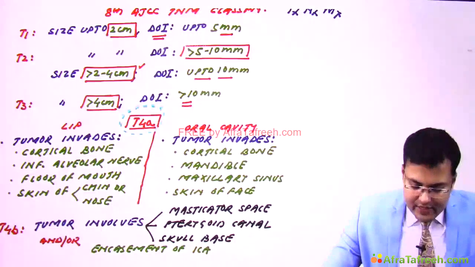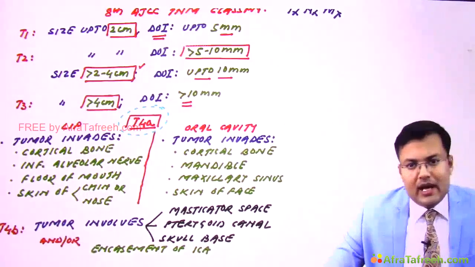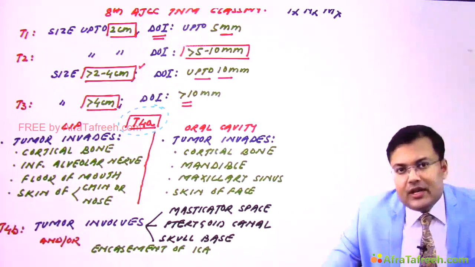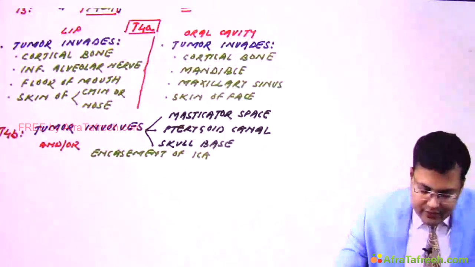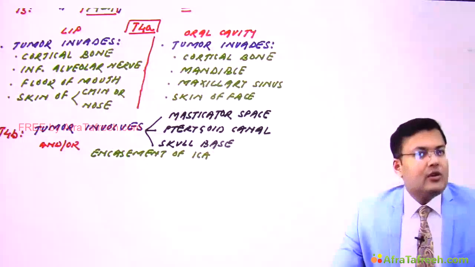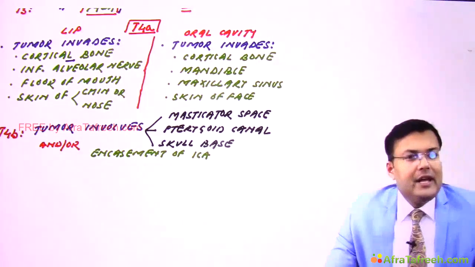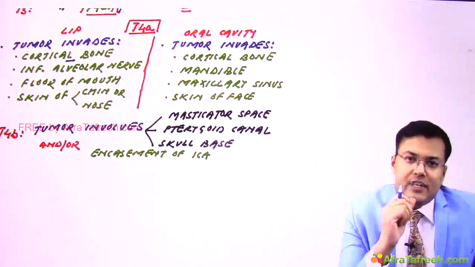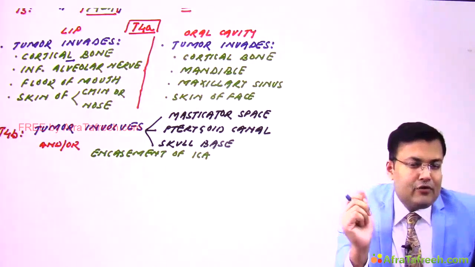Now see the change here. The T4A for carcinoma lip and carcinoma oral cavity is different. In T4A of carcinoma lip, the tumor invades cortical bone, inferior alveolar nerve, floor of mouth or skin of chin or nose. And T4A of oral cavity?